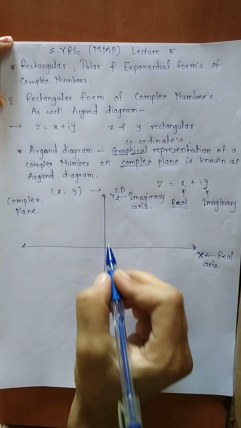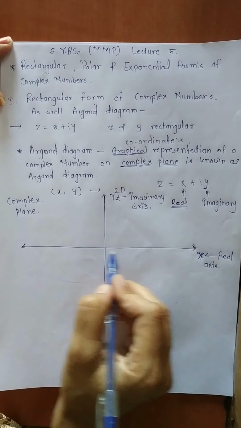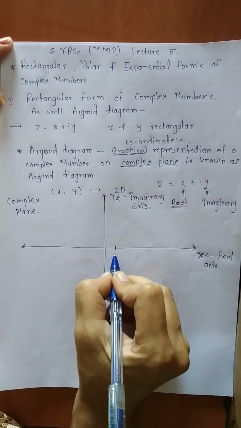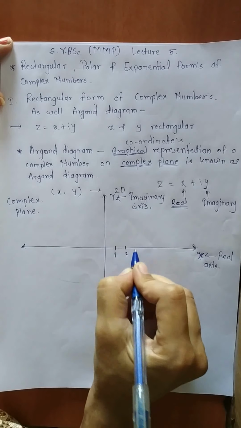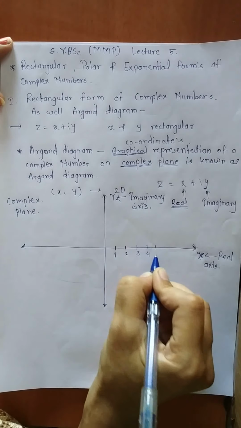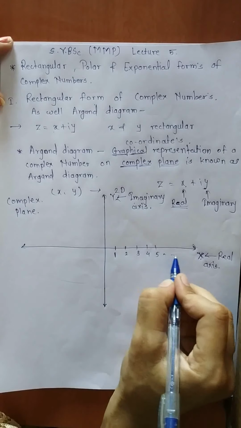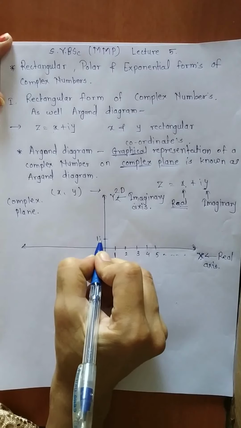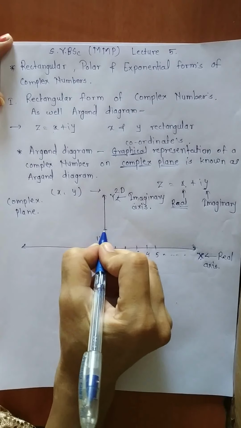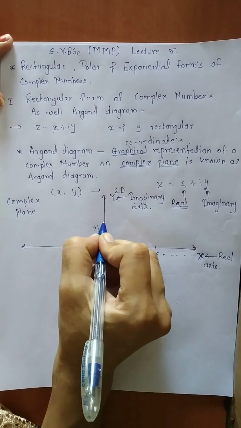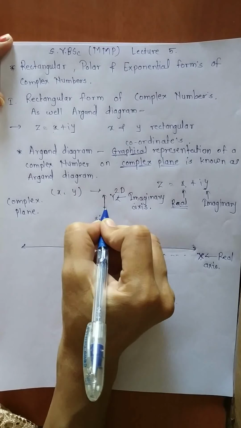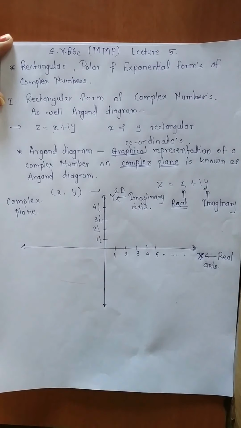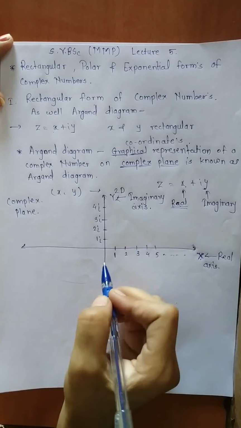So let me represent the number line 1, 2, 3, 4, 5 and so on. These are real numbers, and on the y-axis we will represent imaginary numbers, that is 1i, 2i, 3i, 4i. So this is the axis of imaginary numbers, the imaginary axis.